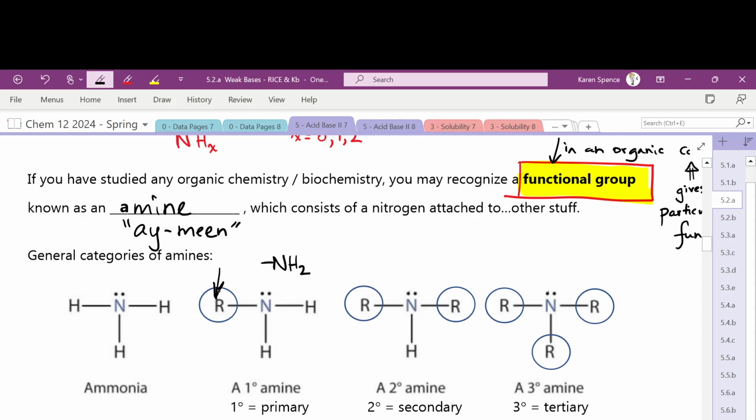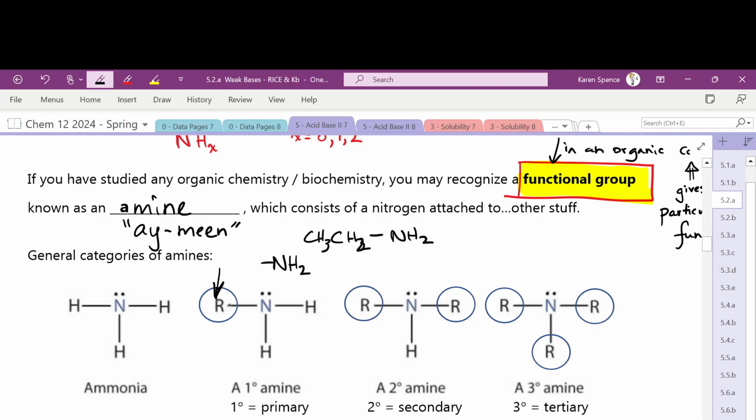At least that's what I make it stand for. I don't know what it really stands for in the world of chemistry. So it could be anything. I could have CH3NH2, or CH2CH3, two carbons attached to it. Or I could have a ring structure attached to it, or any sort of thing attached to it.